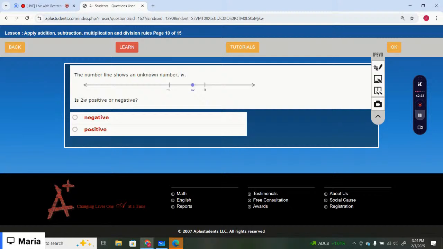So W is negative. Two times a negative number is negative. Option number 1 is the correct option.